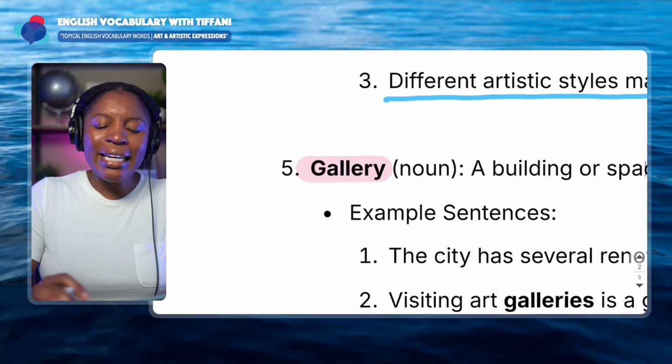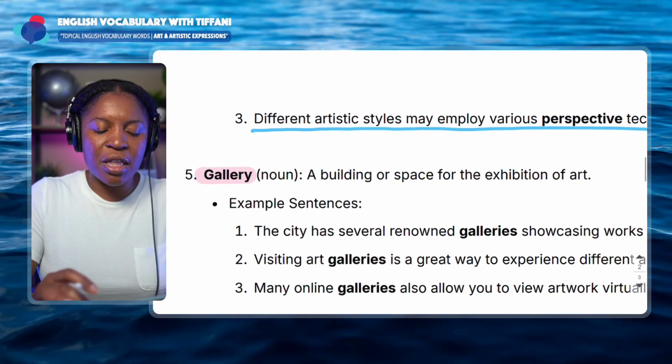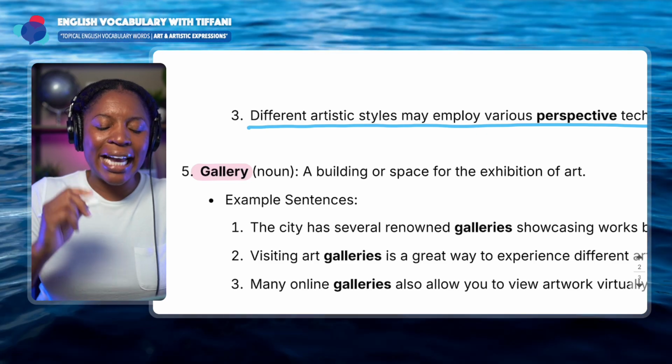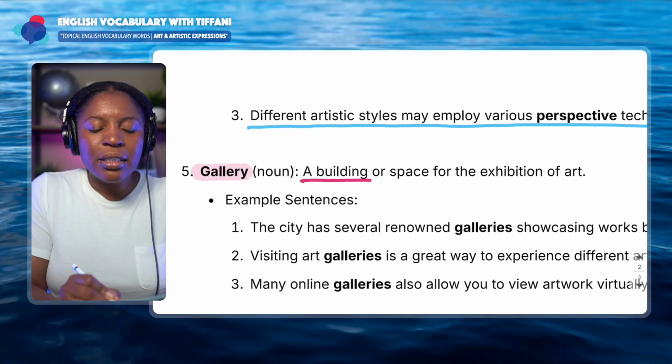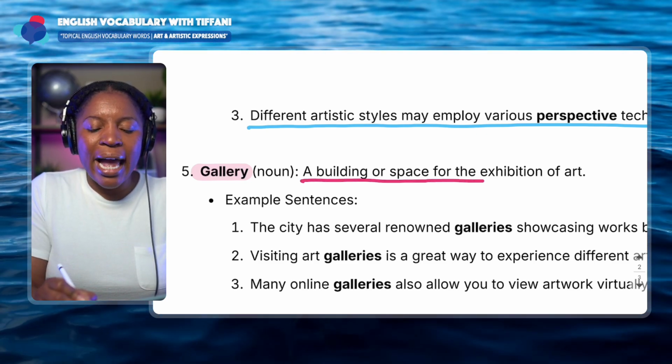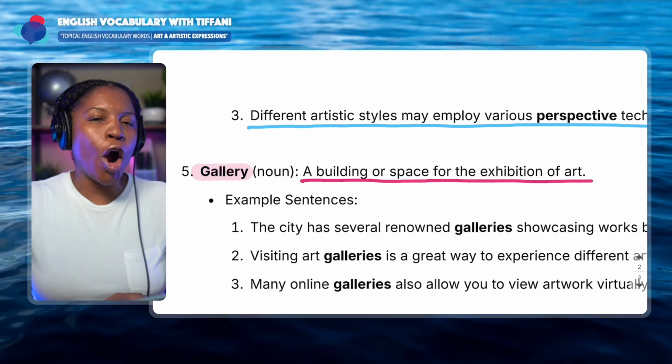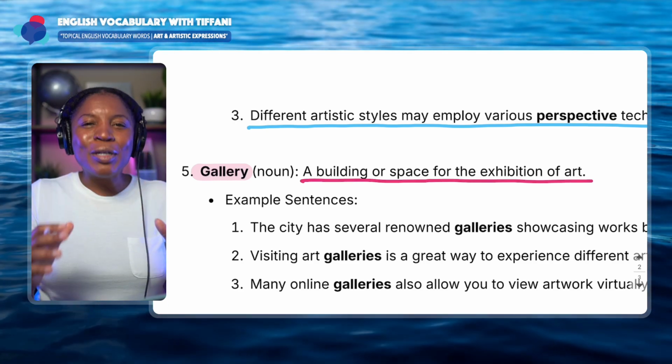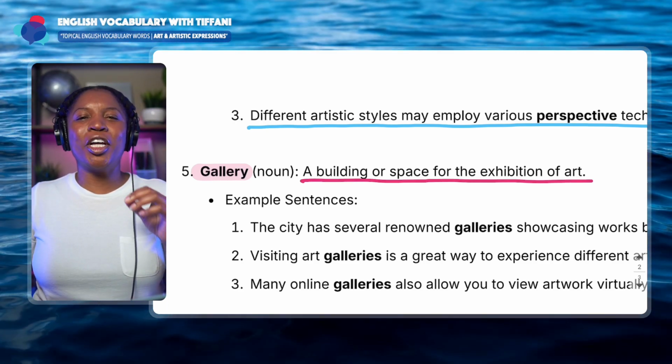Great job. All right, now let's look at the definition, the meaning of this term gallery. A building or space for the exhibition of art. I remember before I graduated from the university I went to in South Korea with my master's degree, I had to do an exhibition at a gallery on campus.